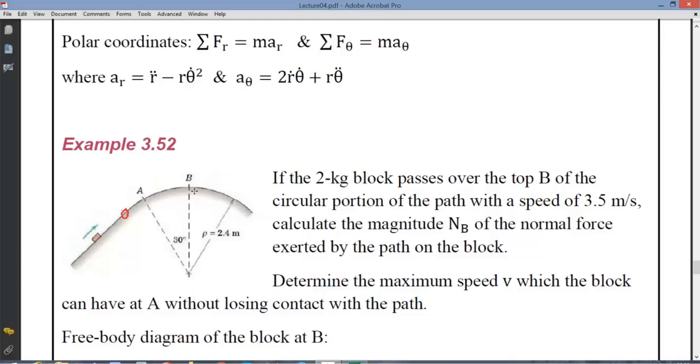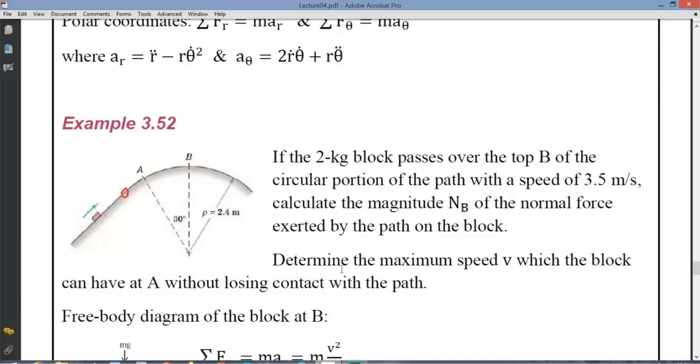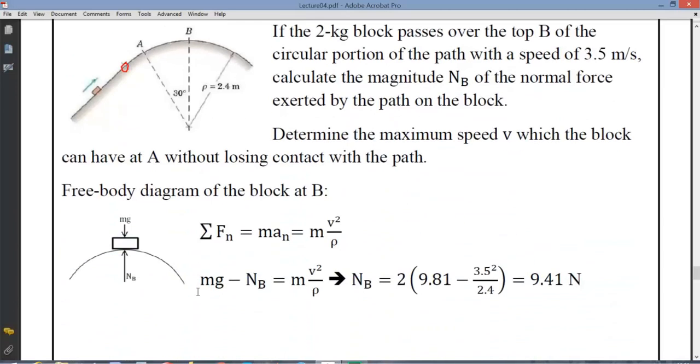First off, let's start with B. Now, as it is on B, this block of ours is on B. Here we have a drawing here. The type of forces acting on the block are the gravitational force in the downward direction, and our assumption is the gravitational acceleration is basically in the downward direction.